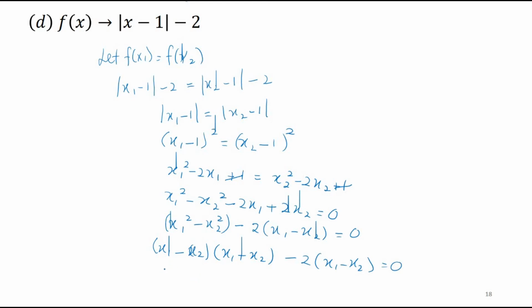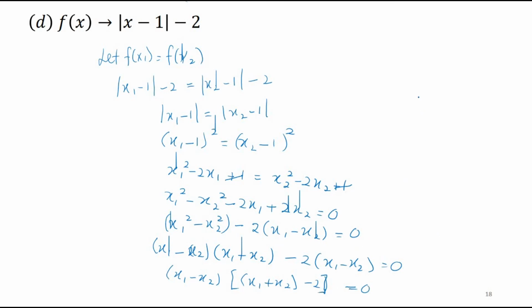You can factorize by taking out x1 minus x2. So you have (x1 minus x2), and then you open a big bracket. Inside is x1 plus x2 minus 2 equal to 0. So close the big bracket.